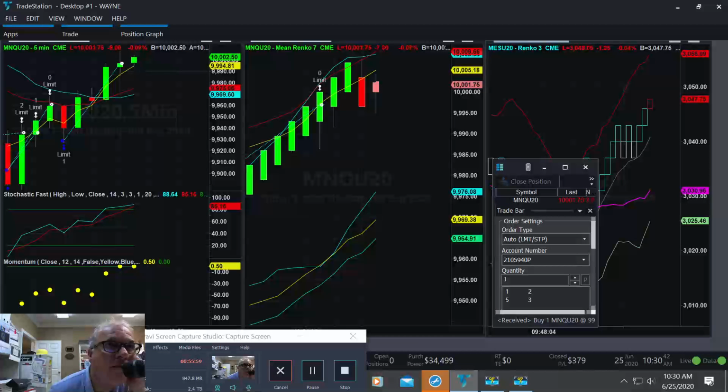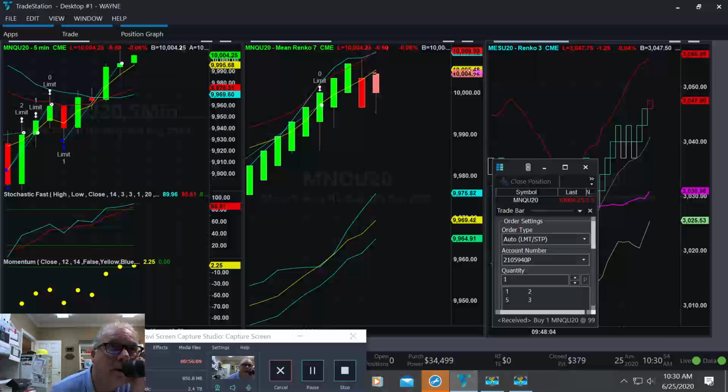The fast stochastic is one of the first, and if it doesn't come down, you know you're not going to get filled, and it's still straight up. Got two positive bars on the S&P.